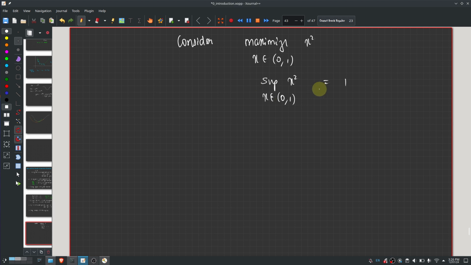So even though you have a supremum, it cannot be achieved. That's why we need to be careful. So if I try to come up with some kind of an iterative algorithm, that would still be fine because it would be somewhere close to 1, it would never get to 1. Okay.